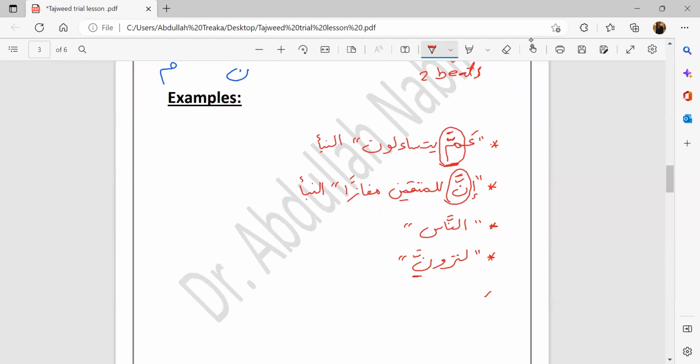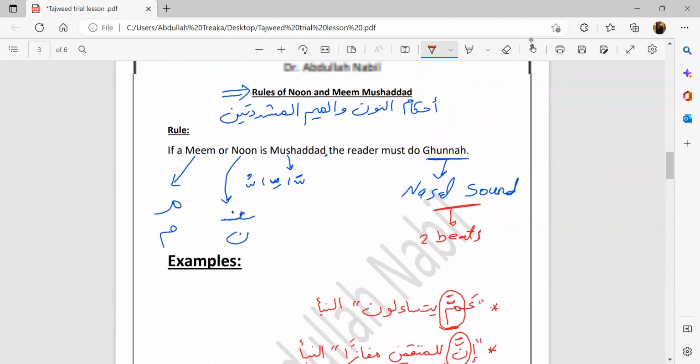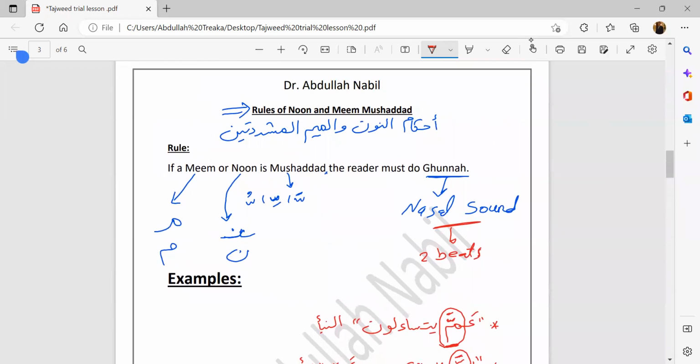Another example for meme. فأمه هاوية, سورة القارعة. This is meme, have شد and ضم on it. We said فأمه. We didn't say فأمه, no. So this is the first rule of نون and ميم مشددة. أحكام النون والميم المشددتين.